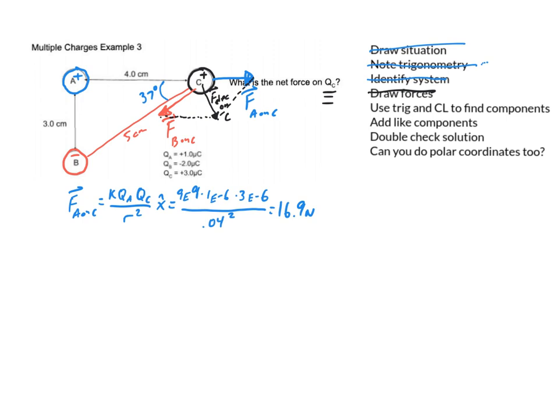Why previously? Because previously we found the force of C on A in example 1. Now we're getting the force of A on C. So it's the same magnitude, except this one's to the right. C on A was to the left.